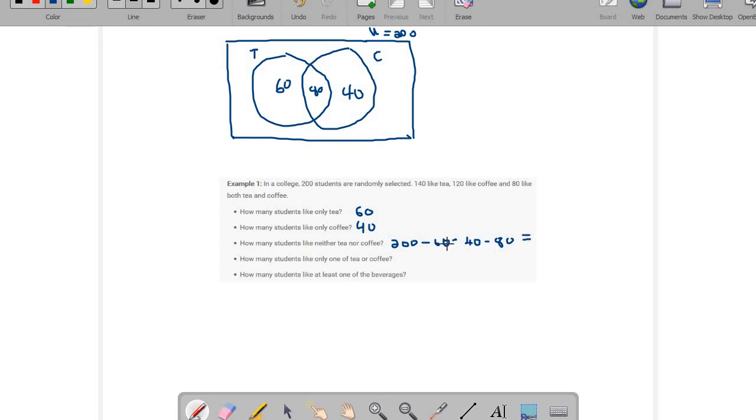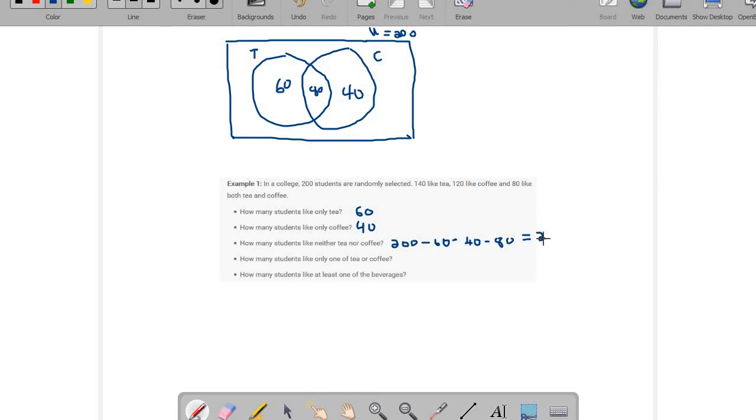What you can do, you can subtract them individually, or you can add up these three numbers first, then subtract from 200. So I just said 60 plus 40, 100, plus 80, 180, so it's going to be 200 minus 180. And that's going to be 20 persons.